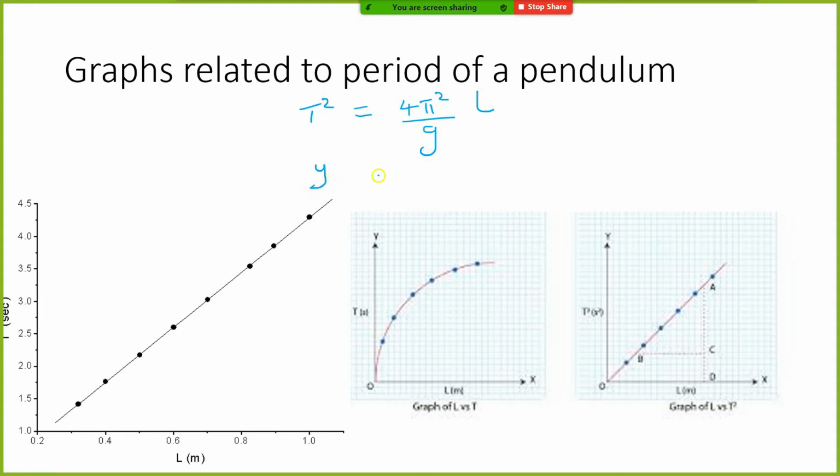This is the y variable. This is my m. This is my x. So y is equal to t squared. x is equal to L. M, which is my gradient, is equal to 4 pi squared divided by g.